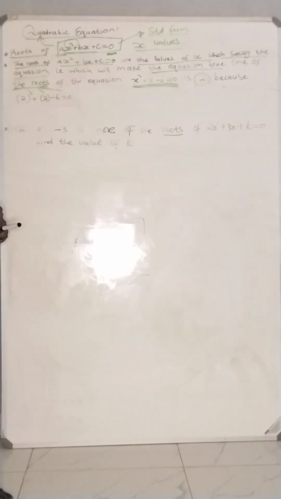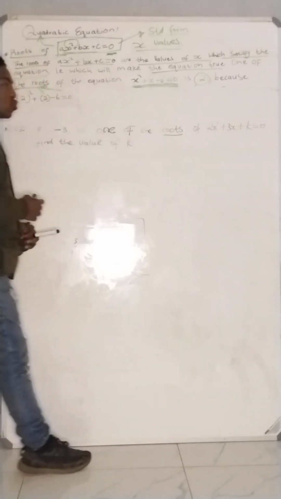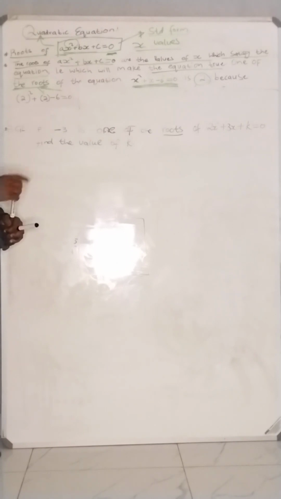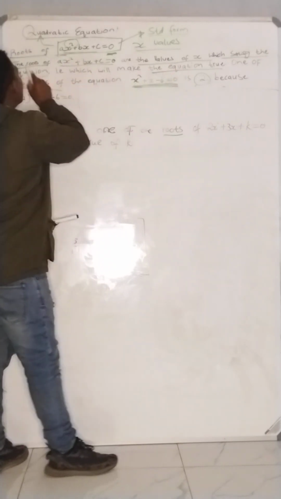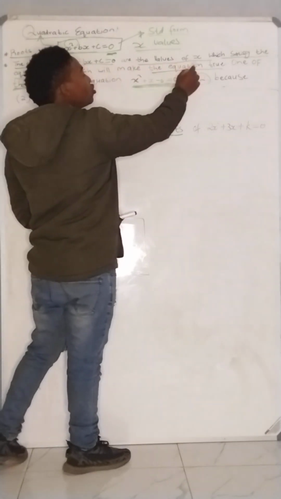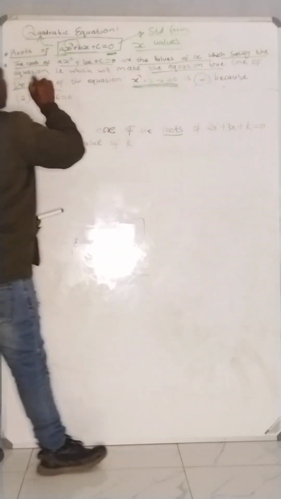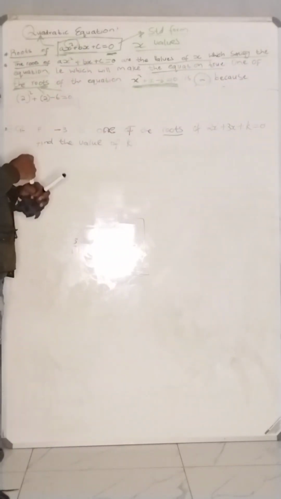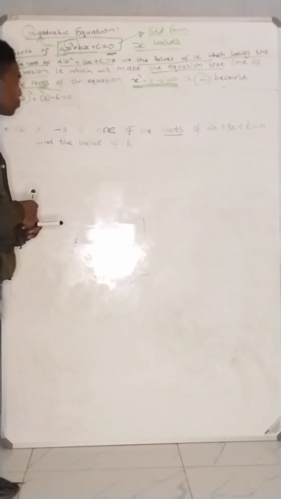So we're going to use the word roots. It is up to you to remember that whenever we talk about the roots, we are basically referring to the x values which satisfy the quadratic equation, in the context of a quadratic equation.